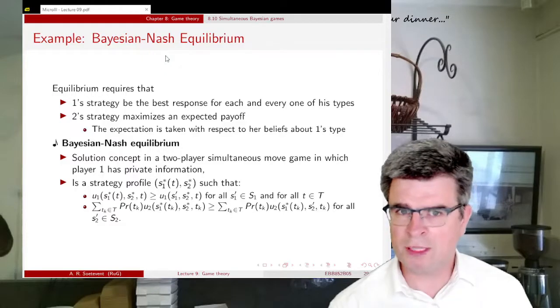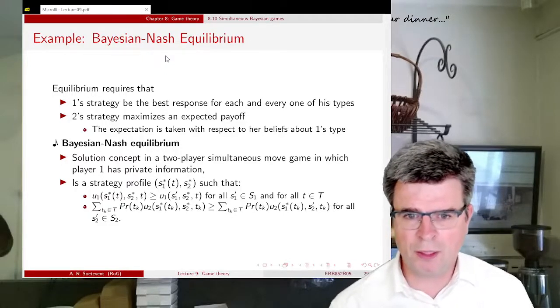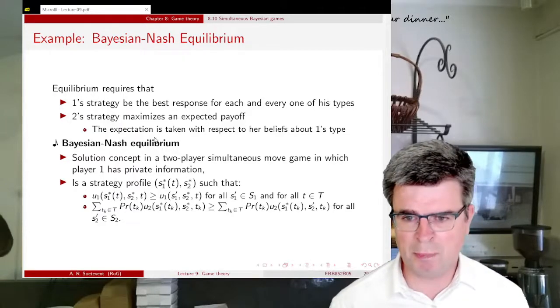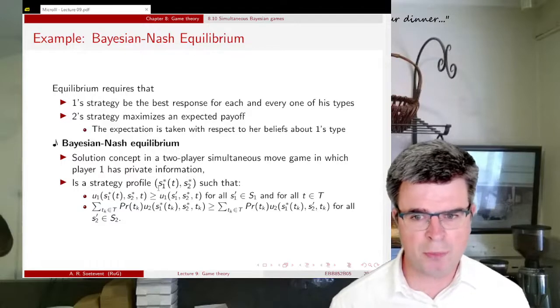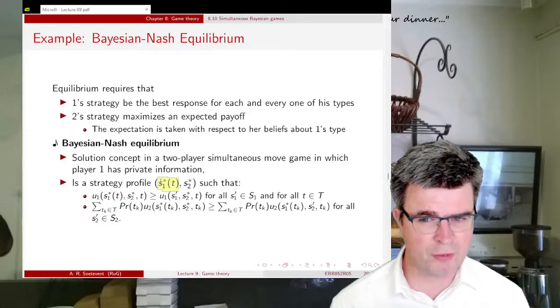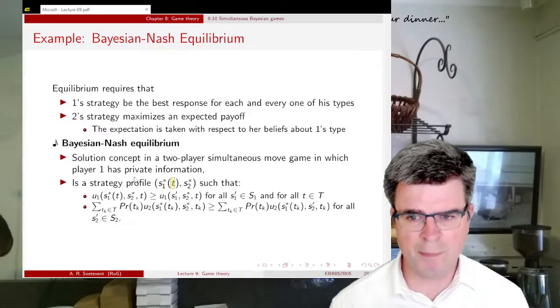And that brings us then to the formal definition of a Bayesian Nash equilibrium. So that's the solution concept that we apply here. A strategy profile (s1*(t), s2*), where we observe that the strategy of player 1 is a function of, is conditioned upon, player 1's type.